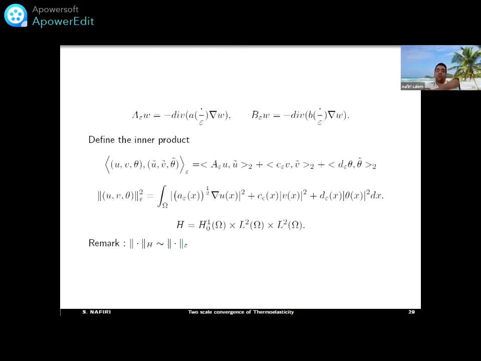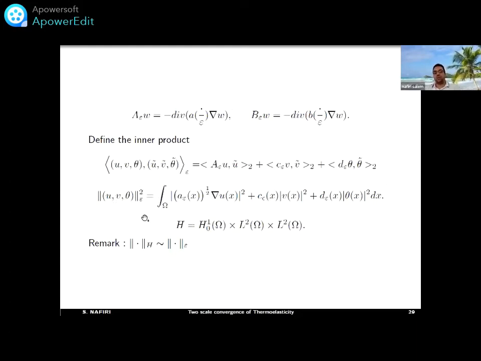Okay, so by noting A epsilon equals minus div A grad and B epsilon equals minus div B grad, I can consider this inner product defined in this way, and the induced norm is the following. The epsilon norm is just this norm.